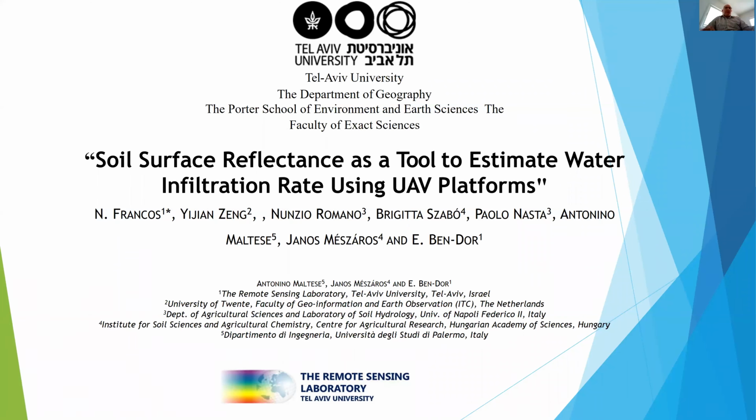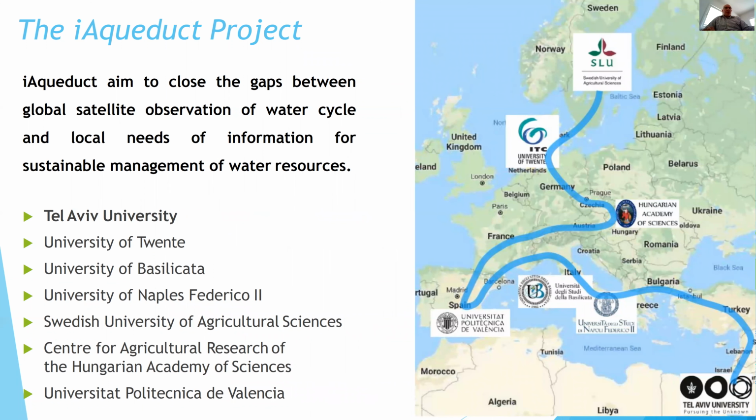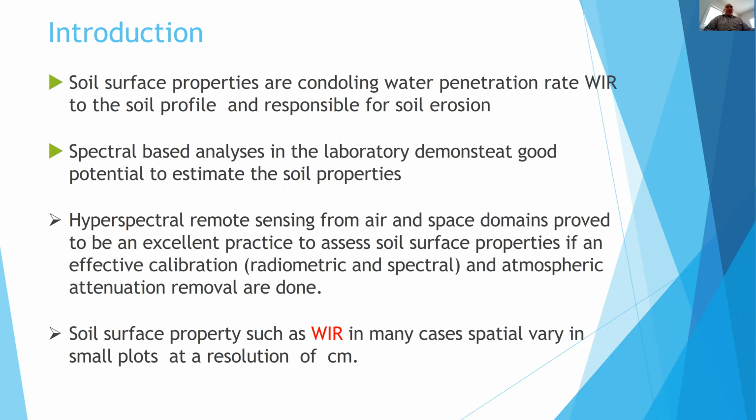This is part of a joint project, and these are the entities that are part of the project. The introduction of the presentation is to deal with soil surface properties, which are controlling water penetration rate to the soil profile.